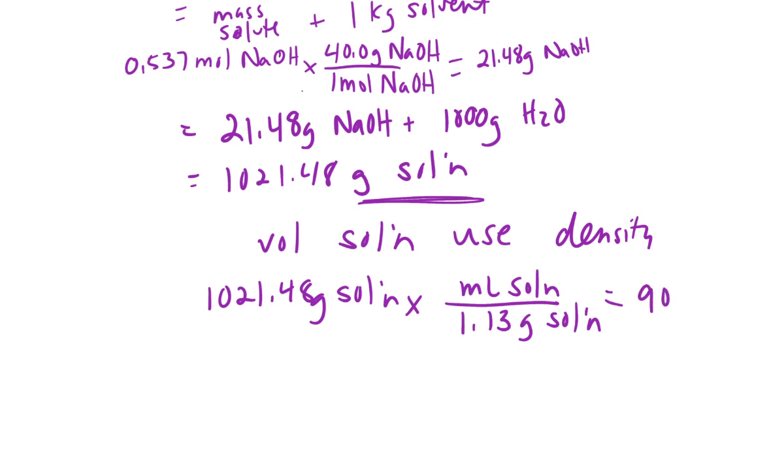We get 903.96 milliliters of solution, or 0.90396 liters of solution. Because we know we're going to want that in liters because molarity is moles per liter.